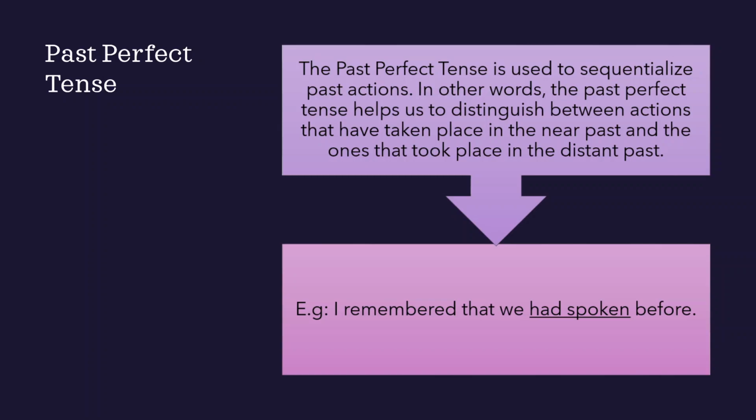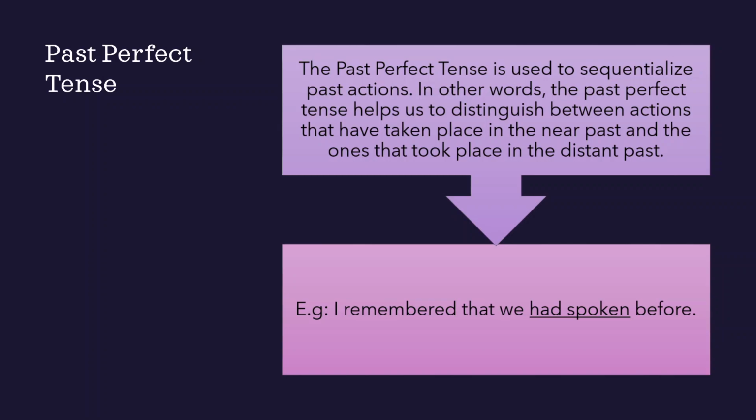Now, for example, I remember that we had spoken before. Now, this particular sentence informs us about two past events. One is the speaker spoke to someone sometime in the past, and the second action is the speaker remembered that incident.